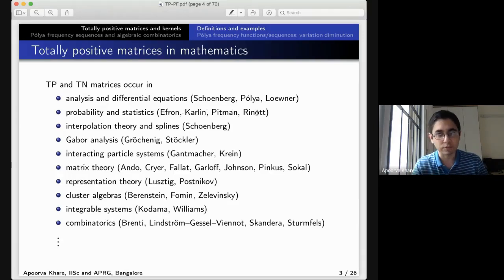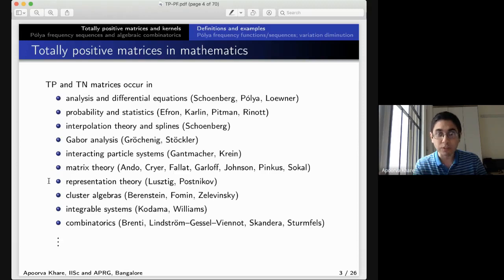He proved a lot of results, including on renewal theory. Schoenberg also established the theory of splines, starting from Polya frequency functions. Recently, Grochenig, Stockler, and Romero have worked on Gabor analysis using Polya frequency functions. Again, very classically, Gantmacher and Krein. And of course, these are matrices, so many people in matrix theory.